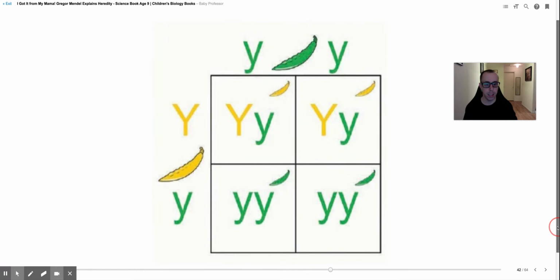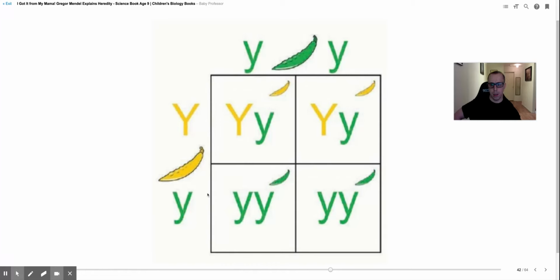Here is just a picture of some peas, yellow and green. And then here is a simple Punnett square. Remember, Reginald Punnett came along later, so he created these squares, but it definitely reinforces Mendel's studies. So here we know what we're looking at if we've seen the video that I posted about the Punnett squares. All right, we have yellow. Yellow is the dominant trait, okay?